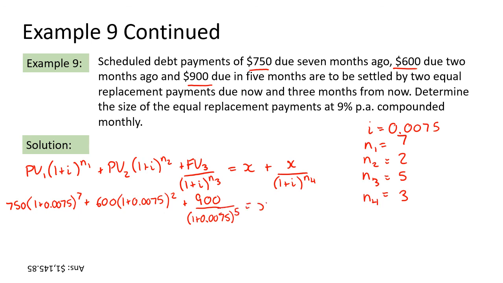And that had to be equal to X plus X divided by 1 plus 0.0075, and that's to the exponent 3.